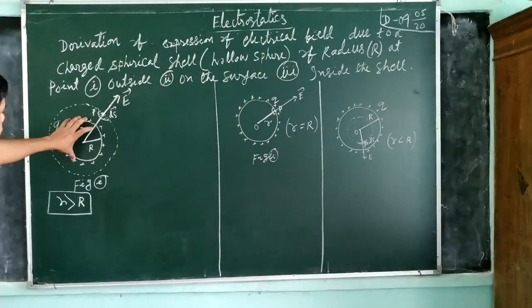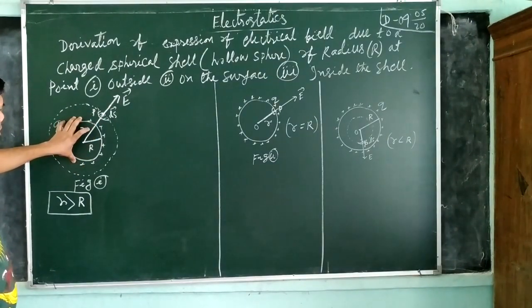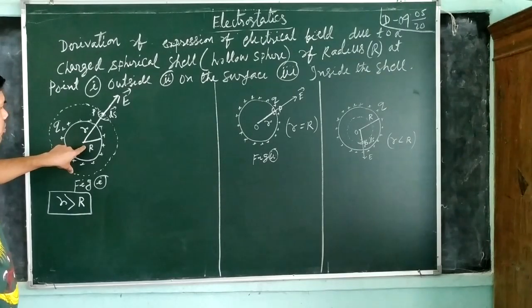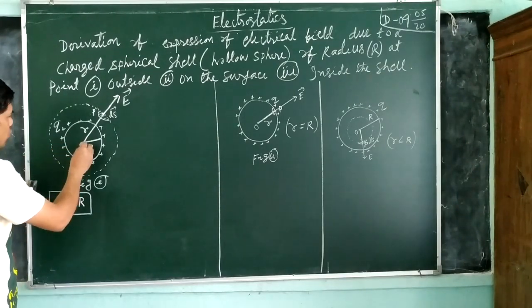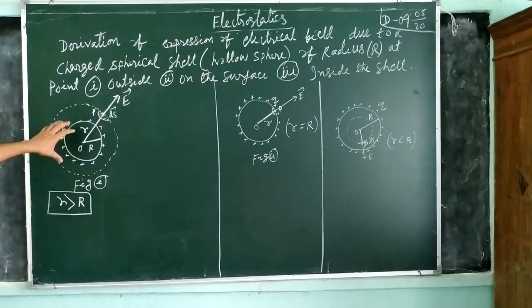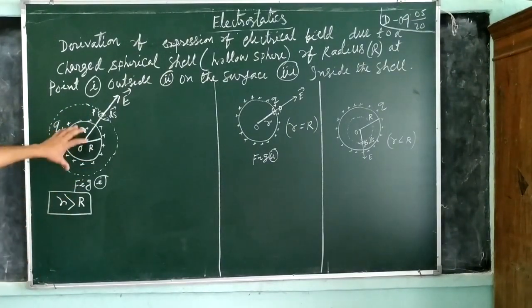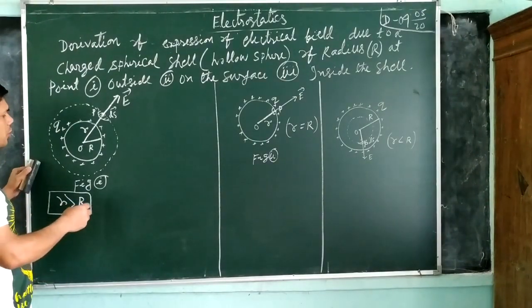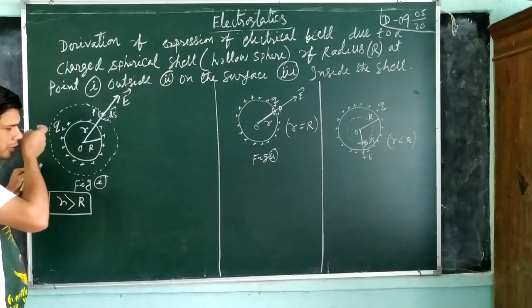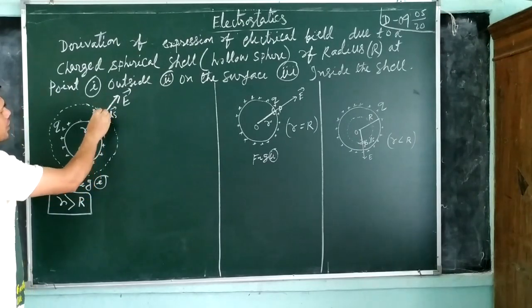This is our charged spherical shell whose radius is denoted by capital R, center is O, and total charge we have considered here is plus Q, distributed all over the surface of the spherical sphere. Now, we have to find the electric field at a point lying outside the spherical shell. Let this point be P.